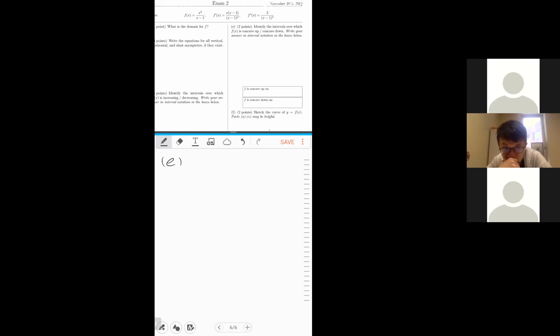So any ideas? Okay, so you look at the second derivative and then find the inflection points.